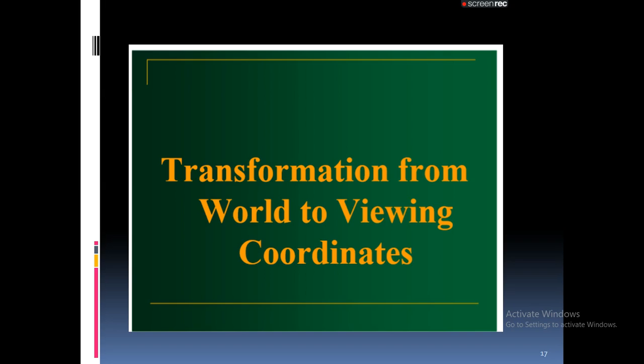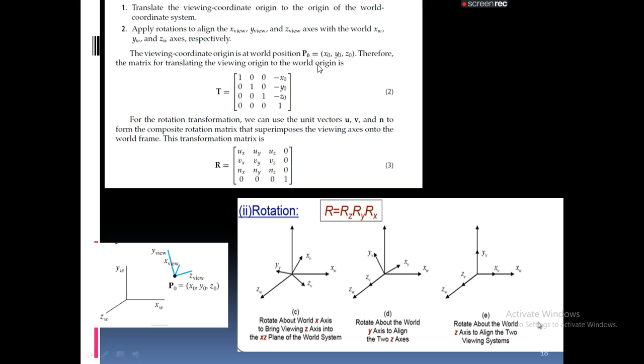When you perform this transformation, the next step will be projecting the three-dimensional object on a two-dimensional virtual plane using projections. So we'll move to the third step, the heading of which is transformation of world coordinate system to viewing coordinate system.